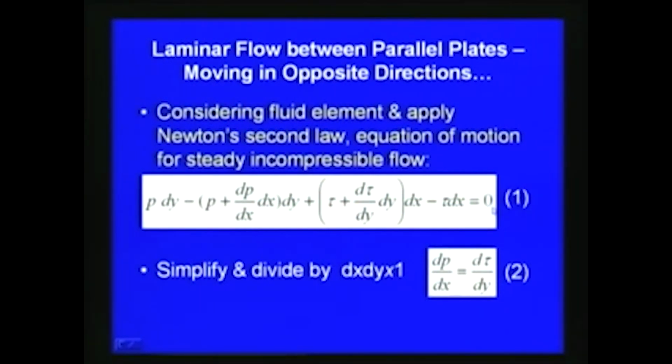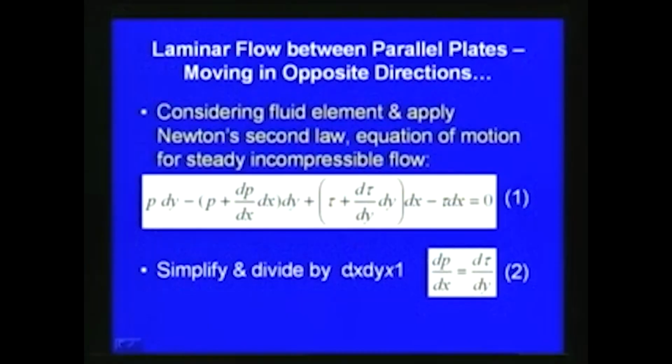So, the shear forces and the pressure forces, the algebraic sum is equal to 0. Now we can simplify this expression to get an expression for the velocity as we did in the previous two cases of plane Poiseuille flow and Couette flow. If you simplify and divide by dx into dy, we will finally get dp by dx is equal to d tau by dy.